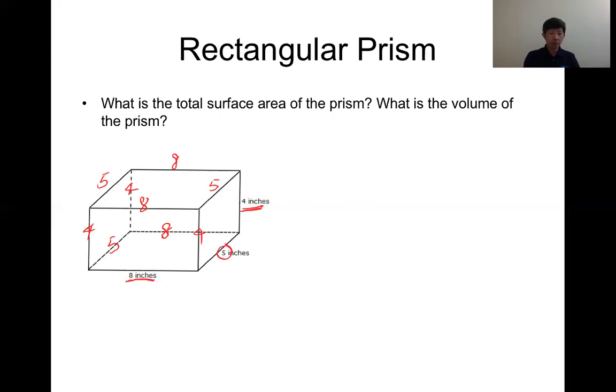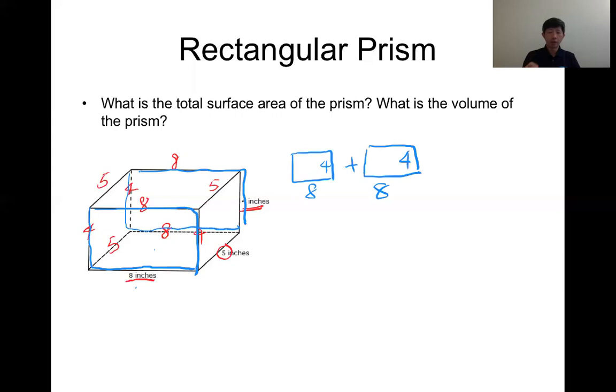We have 1 for this, and this is actually 8 by 4. 8 by 4 for how many of these? Because we have 1 here, and we have the other one right here. So 8 by 4, we have 8 by 4 like this.